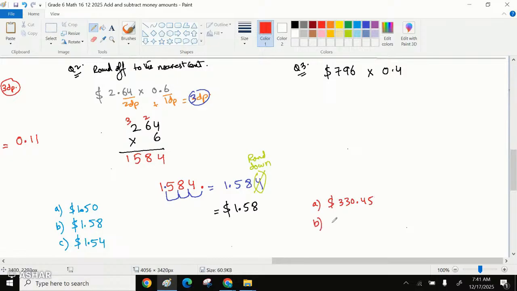Option B is dollars 356.54, and option C is dollars 318.40. Okay. The first thing before doing anything is we need to look at the decimal places. In this question, we only have one decimal place, right? So what we can do is multiply 796 by 4.